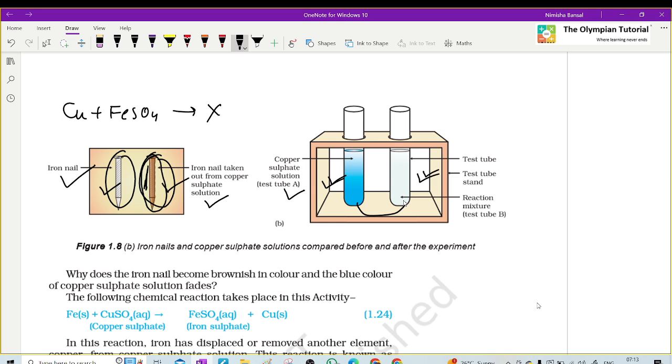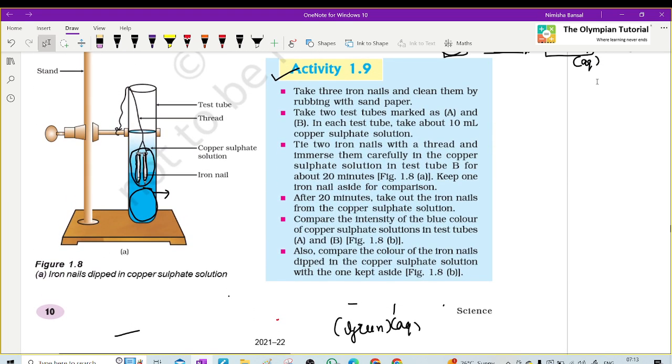Now write down: the nail becomes brownish in color and the blue color of copper sulfate solution fades.